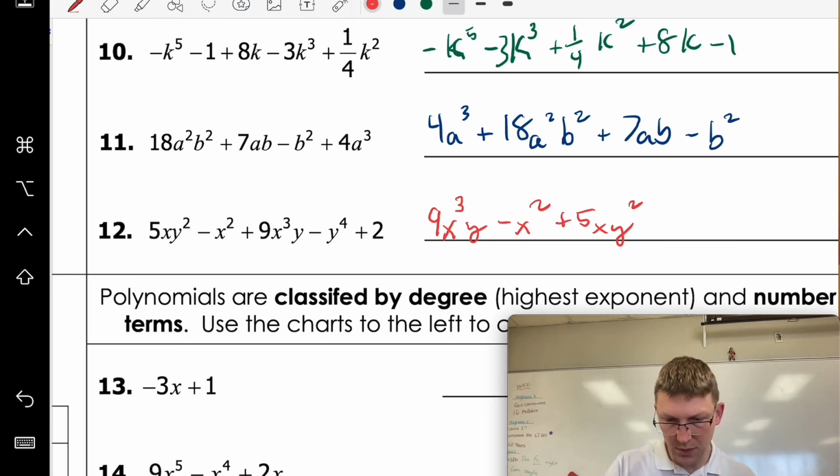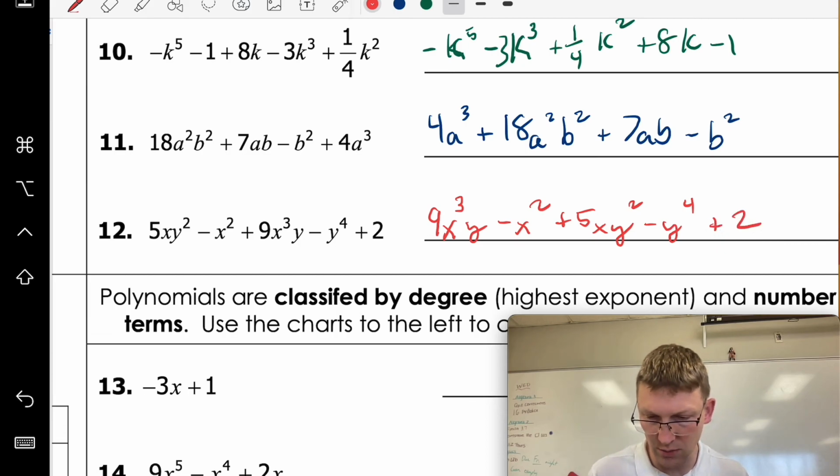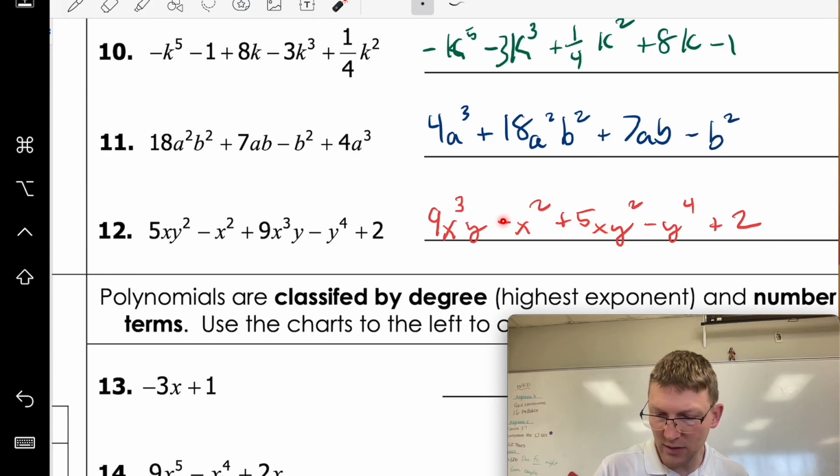And then what do we have left? Minus y to the 4th plus 2. So what ends up happening is all of our higher orders of x's are on this side, and then our higher orders of y's are on this side, and it kind of transitions in the middle. And then we just always have our constants out here towards the right.